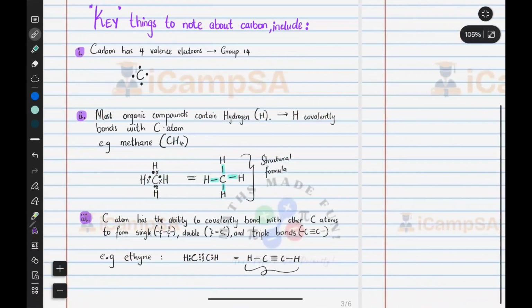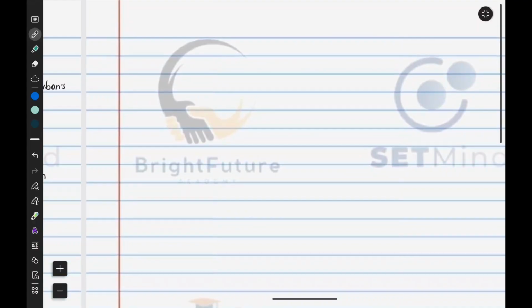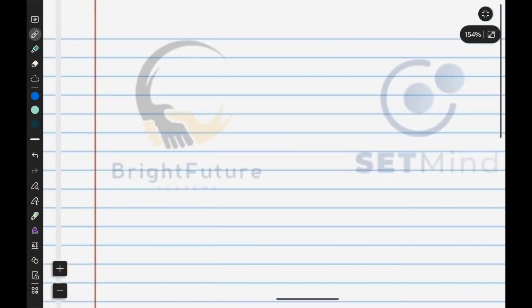Okay, so now let's do a few of the definitions that we would need. One thing you must understand is that organic molecules, we usually represent them in a certain way. We can use a number of ways, depending on the situation. It's either we use a general formula, which is when it belongs to a certain group of organic compounds. Okay, we will define what we call such groups as well.